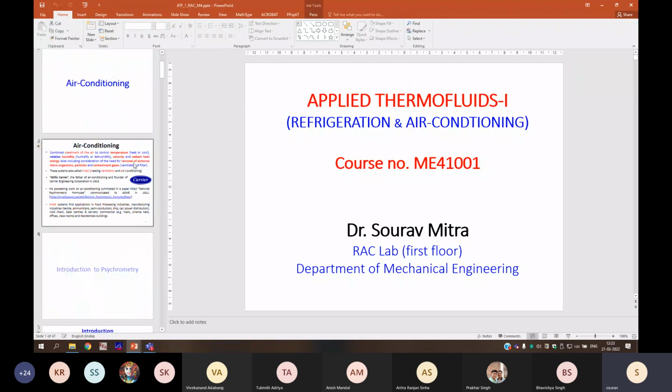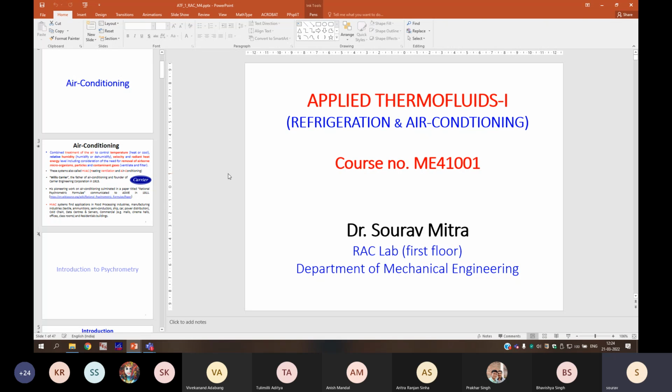So again, in the air conditioning part, we'll only briefly discuss the psychrometric processes. We'll not have a lot of time to discuss all the hardware which is used to control the air conditioning systems. Okay, so we'll just look at the psychrometric processes. People who are going to come to the lab class today will also see one of the air conditioning simulators in operation.